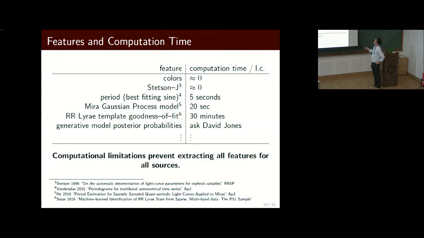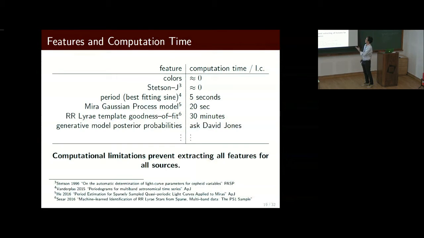But then you get into even more computationally intense features, which take a long time to compute, but are potentially very useful in classification. One example are RR Lyrae templates, which output some goodness of fit measures. Branimir Sesar has done a lot of work on developing those from SDSS Stripe 82, and those can take 30 minutes or more to fit to a single object.